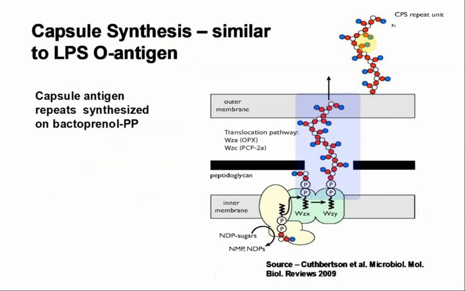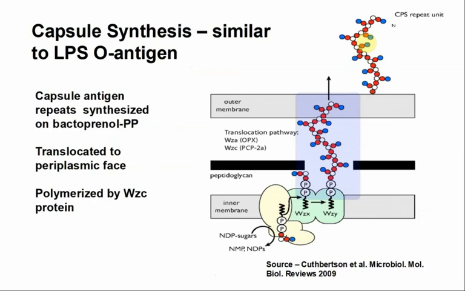Then there's a kind of enzyme which is going to flip this structure over and transport it to the periplasmic face. And then a transglycosidase which is going to start polymerizing the polymer here. And then once it's big enough, the whole thing gets transported out to the surface of the bacterium.